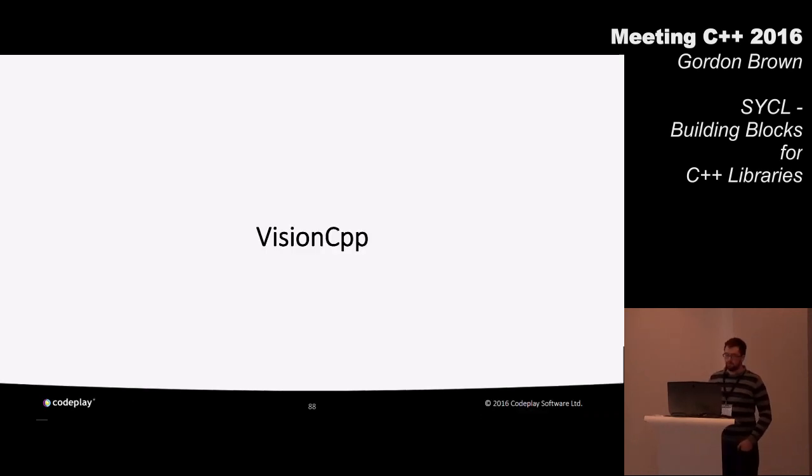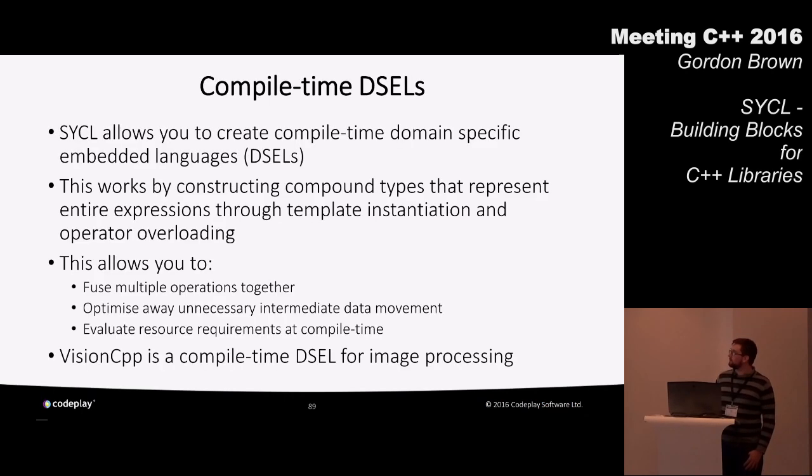So the next library we've been working on is Vision CPP. Vision CPP is a compile time DSL for image and video processing. One of the things that SYCL allows you to do, because you can template your device functions, is create compile time DSLs. The way these work is you construct compound types through instantiating operator overloads.